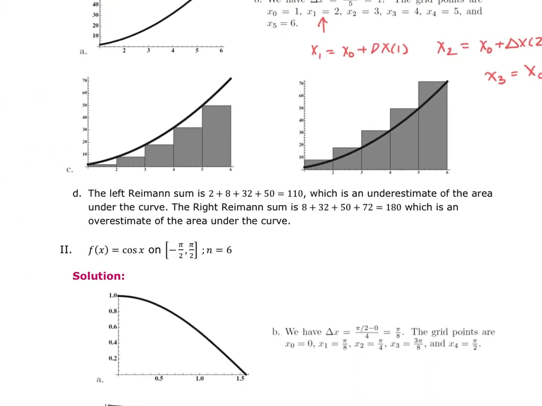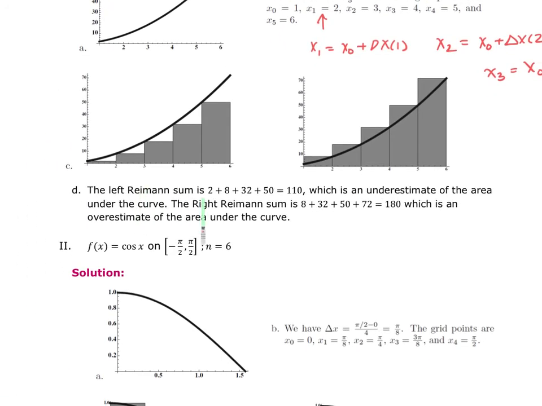So this is what it looks like. This is my Riemann sum. Here is my width. And my height on the left-hand side is I'm going to put in 1 into my original function, which gives me 2. So 1 times 2, that's that height. This 8 comes from the fact that we have this value. It has a width of 1.